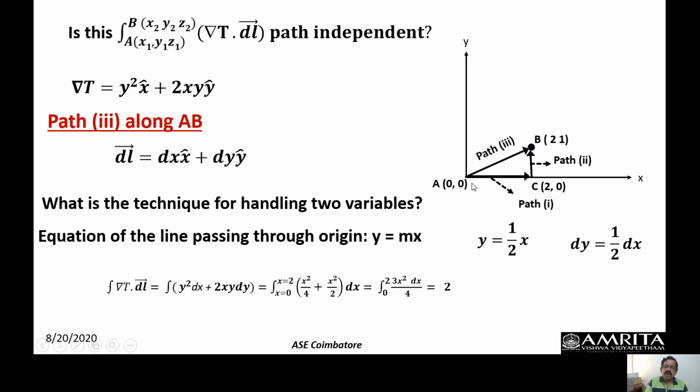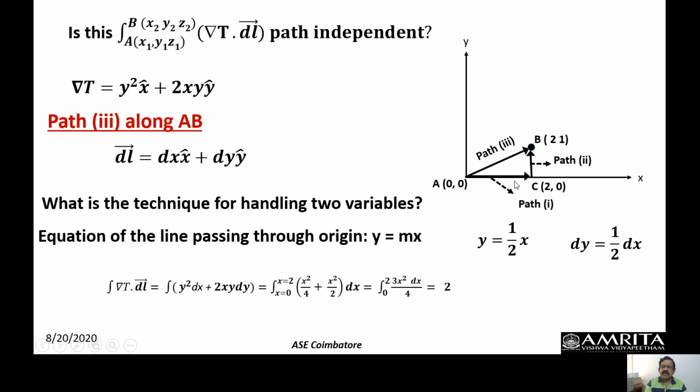The limits of the integral obviously have to be in the x variable, between 0 to 2. So I am going to get 3x cube by 4 into 3. The 3 will get cancelled, and x cube by 4 at x equal to 2. So x cube will be 8, 2 power 3, divided by 4, which means 8 by 4. The answer will be 2.